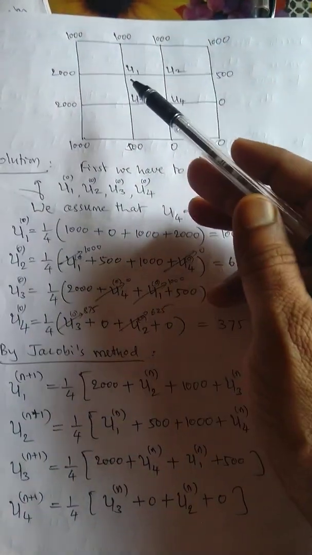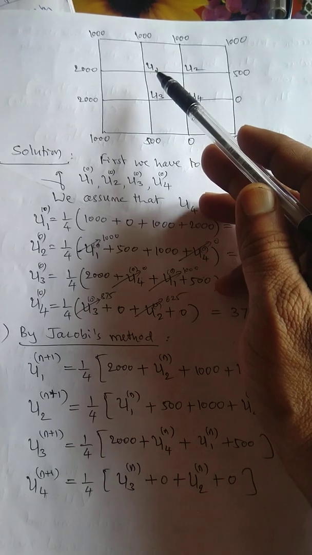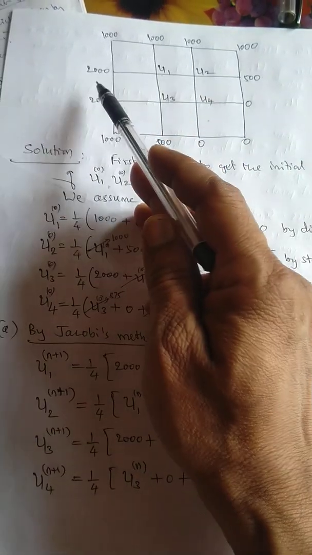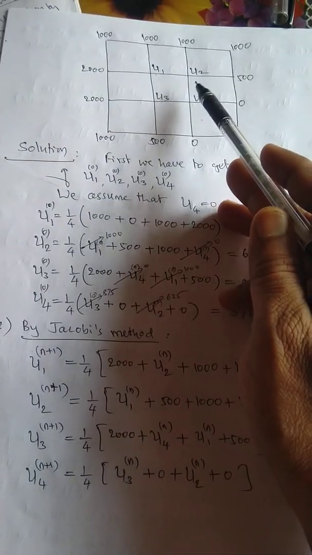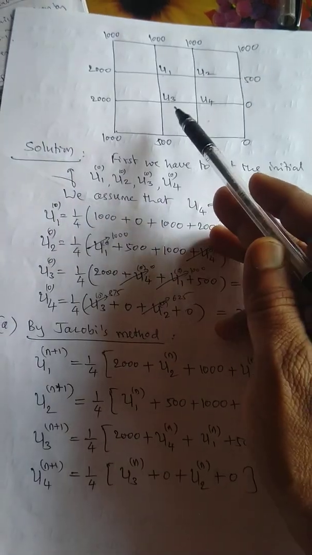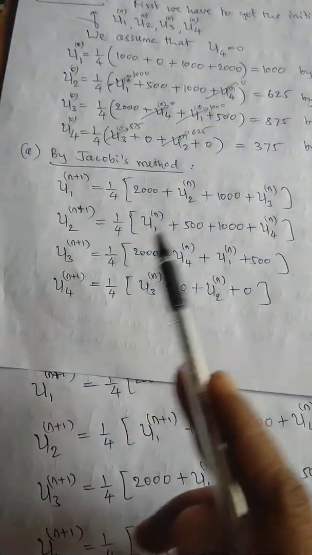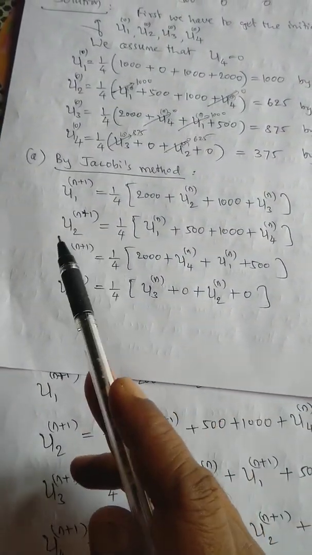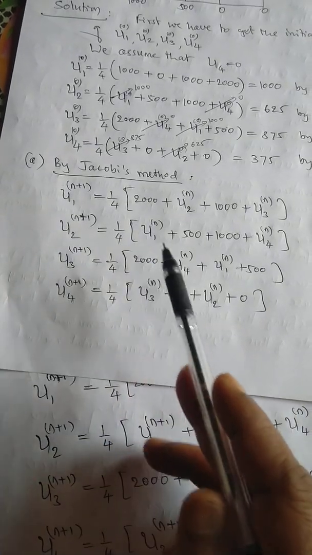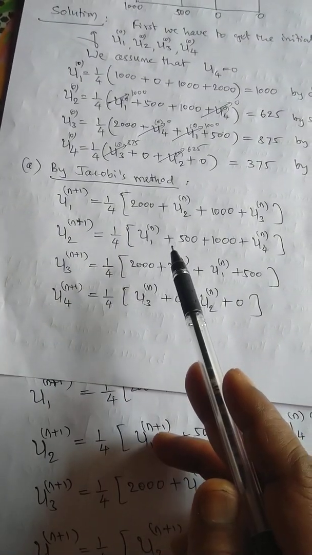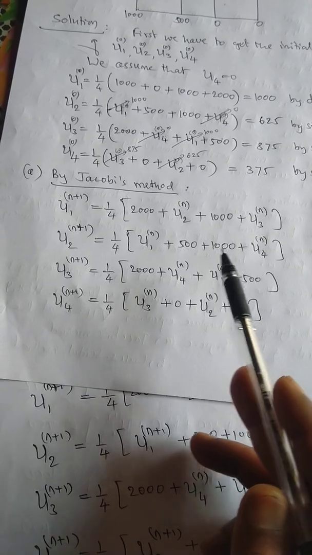That is, by the diagram, n plus 1th iterative U1 is equal to 2000 plus U2n plus 1000 plus U3n, which is what is written here. Next, n plus 1th iterative of U2 is equal to 1 by 4 of U1n plus 500 plus 1000.